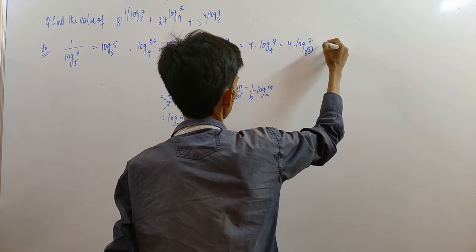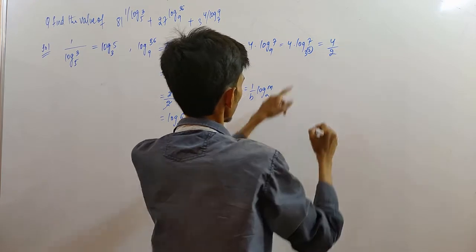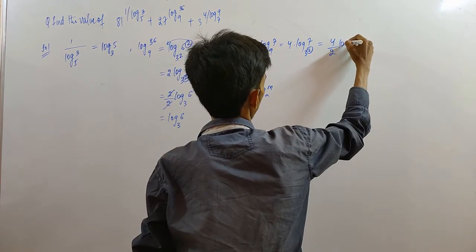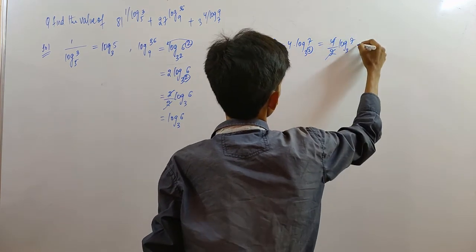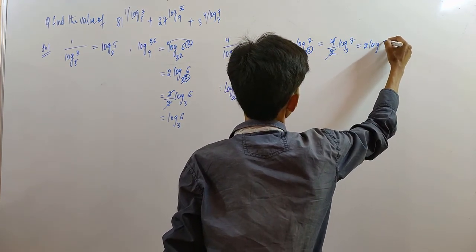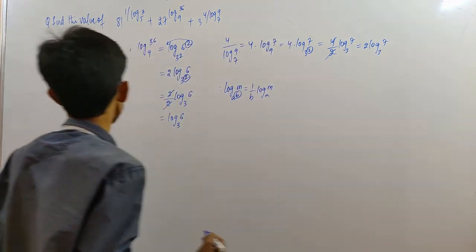Now this 2 will come here, so it becomes 4 divided by 2 times log_7 3. This will become 2 log_7 3.